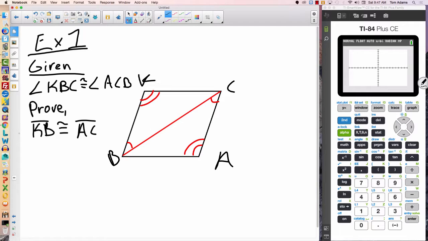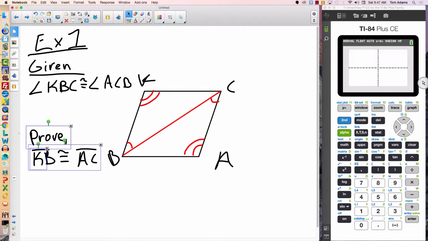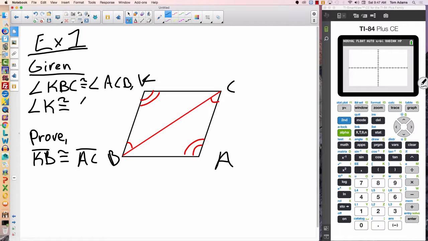Oh, we were given one other thing too. Let me see if I can move this down a little bit. All right, I forgot to write this down. I skipped it on accident. We were also given that angle K is congruent to angle A.